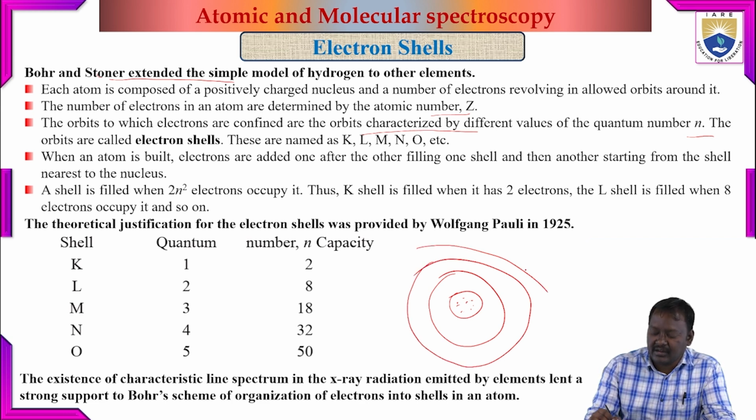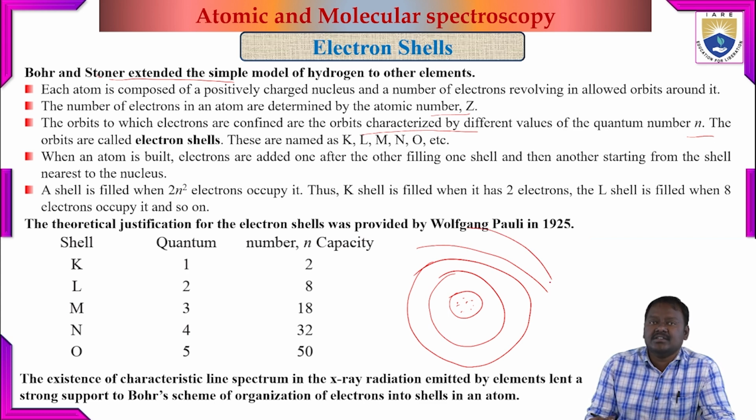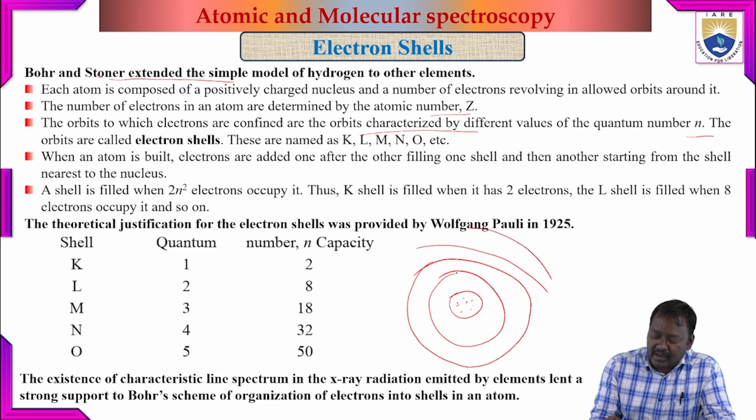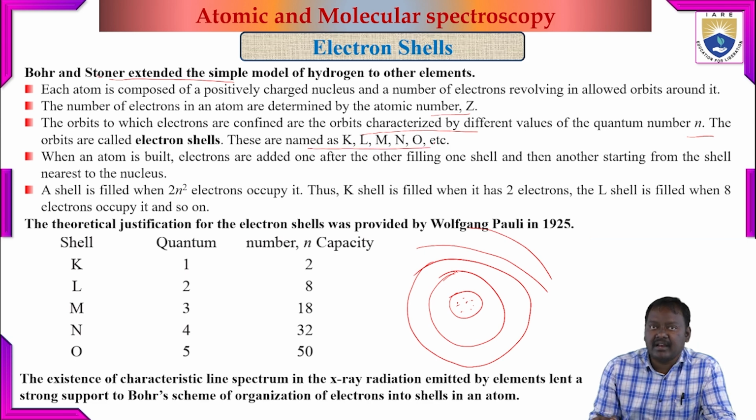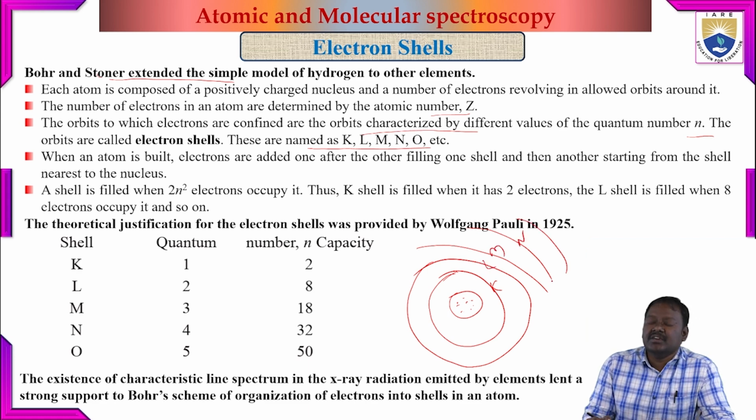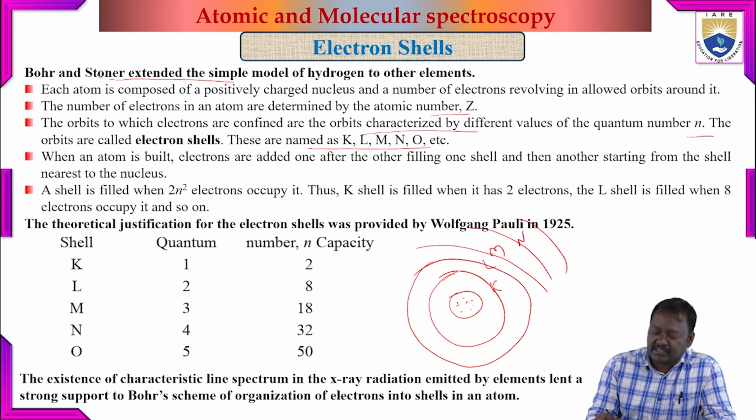There could be several orbits around the nucleus, and all the electrons are arranged in these different orbits. These orbits can be indicated as shells such as K, L, M, N. For example, here this is the K shell, and this is the L shell, M, and N. Like this, we can name them K shell, L shell, M shell, N shell, etc.